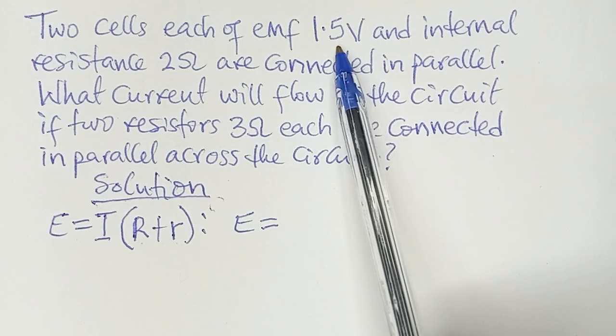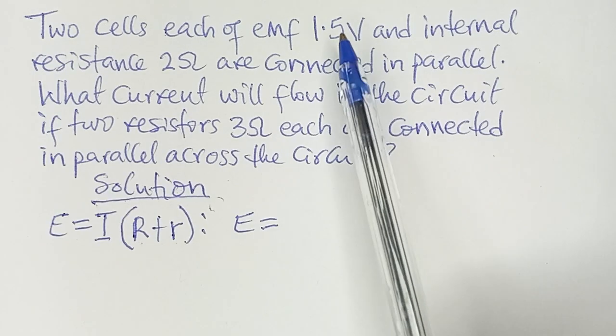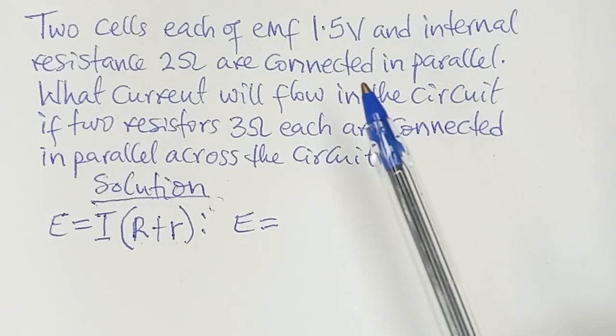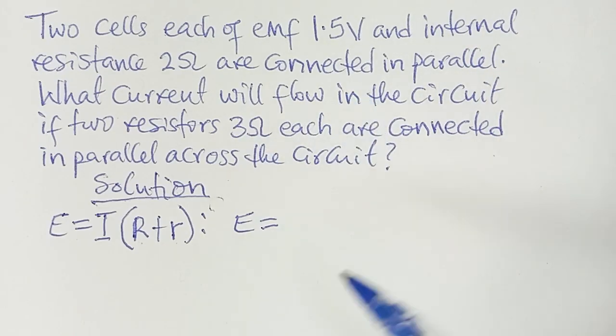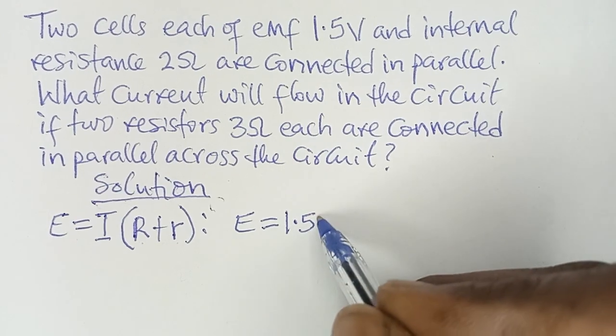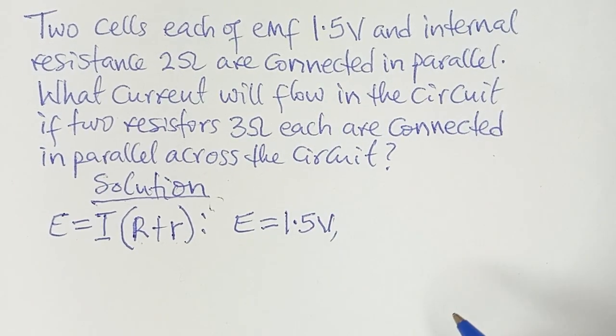If it's in series, you can add them together. But once they are in parallel, you just pick the EMF of one of them, and that gives you the total EMF in the circuit. So the effective EMF in this case is 1.5 volts, the EMF of just one of them.